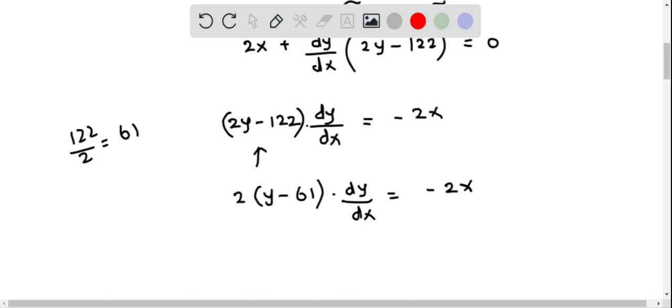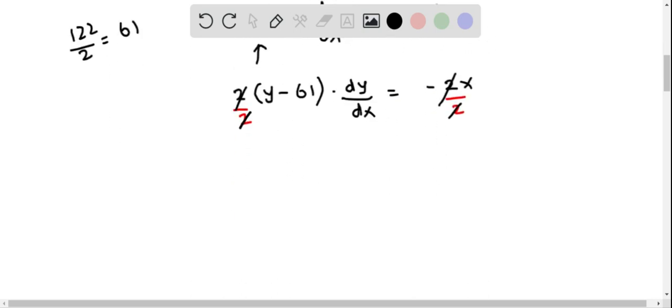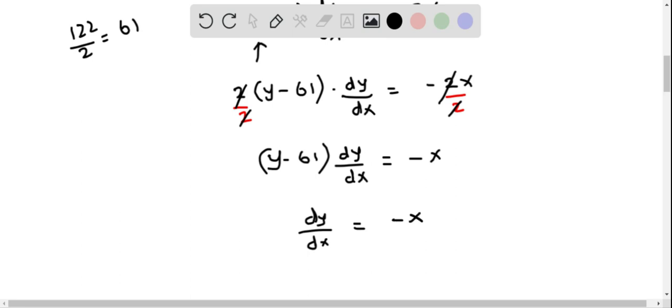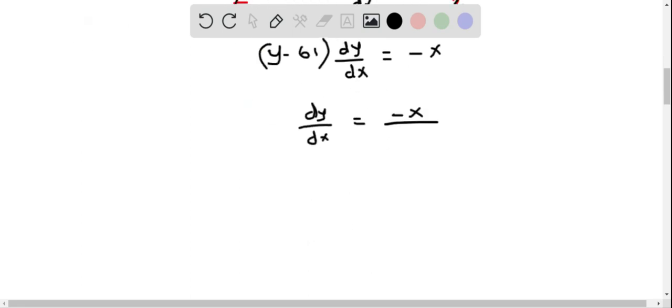Now I divide both sides by 2, so that these two as well as these two will get cancelled. So we will have only y minus 61 times dy by dx equals negative x. Now to solve for dy by dx, we have to divide both sides by y minus 61. So we will get negative x divided by y minus 61. This is dy by dx.